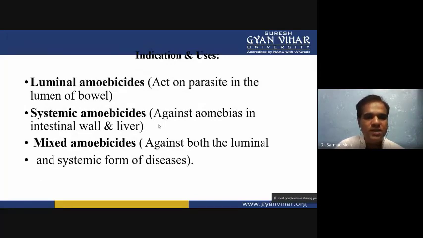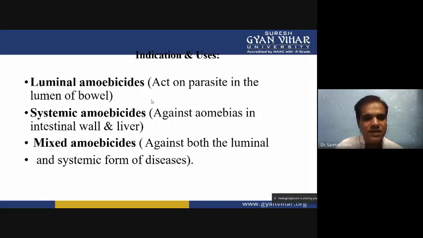So luminal amoebiasis, systemic amoebiasis, and mixed amoebiasis. For these three types of amebic disease we are using metronidazole type of anti-amebic drugs, which act on the parasite in the lumen of the bowel. Then there is amoebiasis invading the intestinal wall and liver, and that's why we call it systemic amoebiasis.